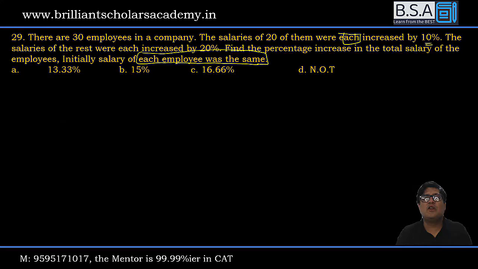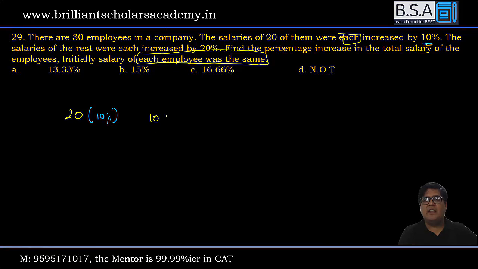The question is of averages. इसको average में convert कर दो. Observe करो. There are 20 employees here. What is the increase in their salary? 10%. How many employees on the other side? We have 10 employees.